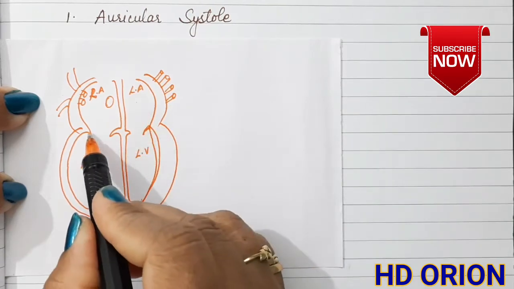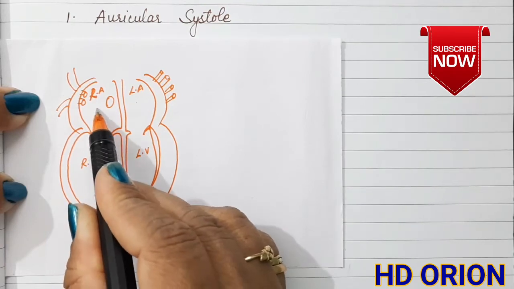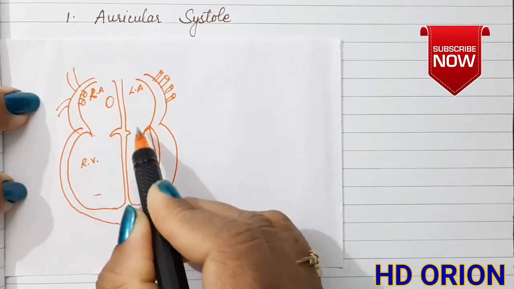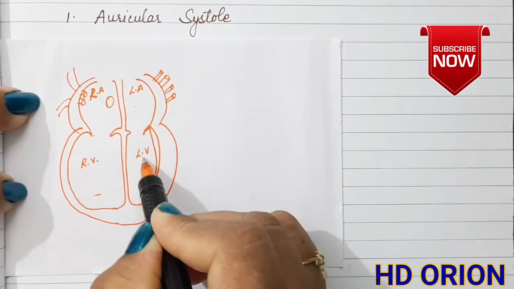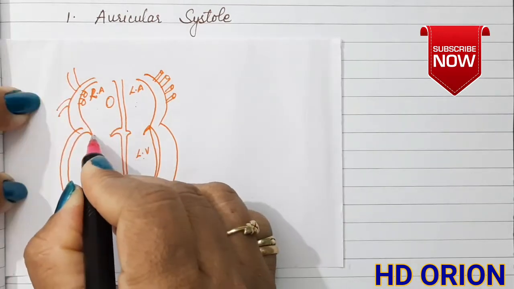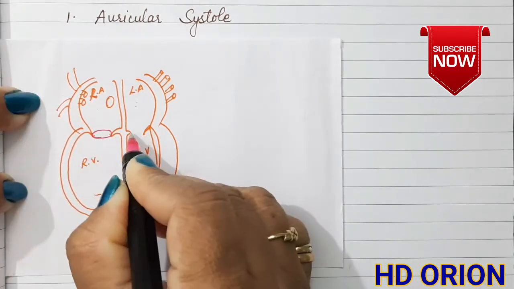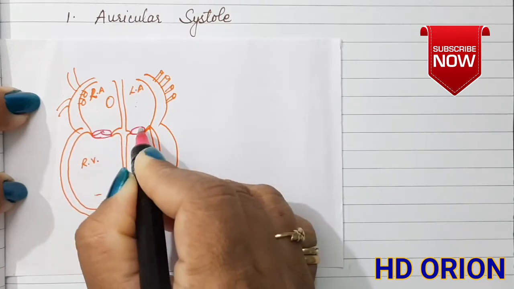At this time, the tricuspid valve, present between the right auricle and the right ventricle, and the bicuspid valve, between the left auricle and the left ventricle, are closed. Here is the tricuspid valve and here is the bicuspid valve.